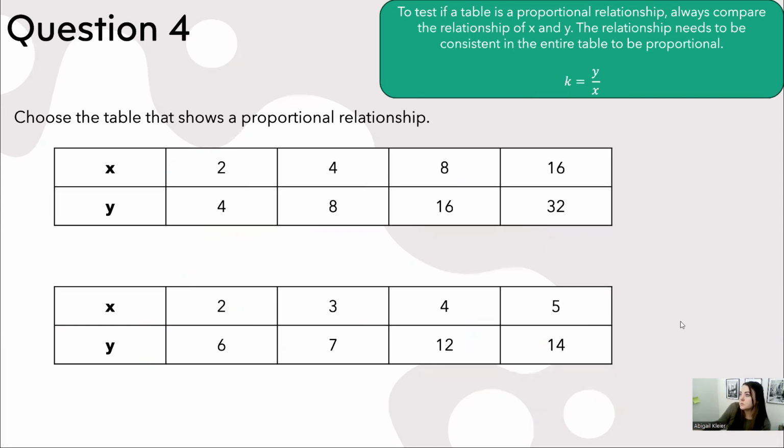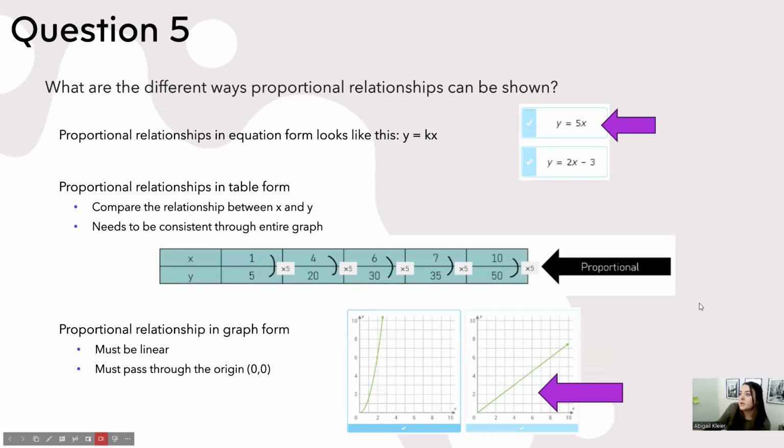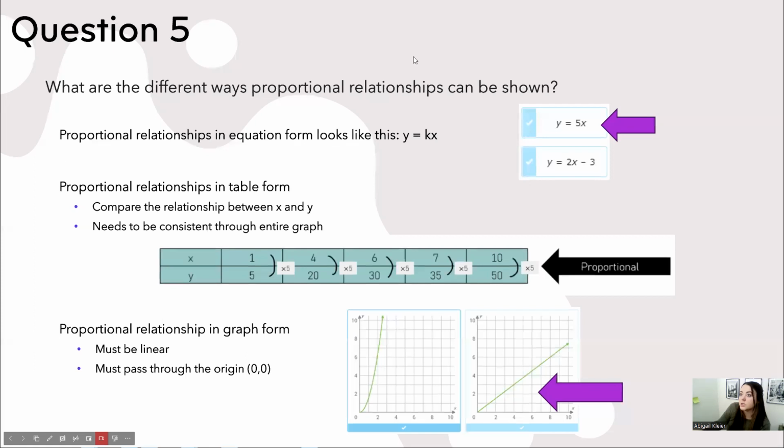And finally, question number 5. What are the different ways that a proportional relationship can be shown? This question is really asking you to just wrap up all the information that you learned during this lesson. The first way would be equation form, and it would be in this format, y equals kx.